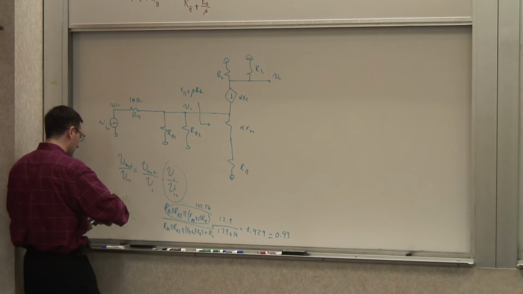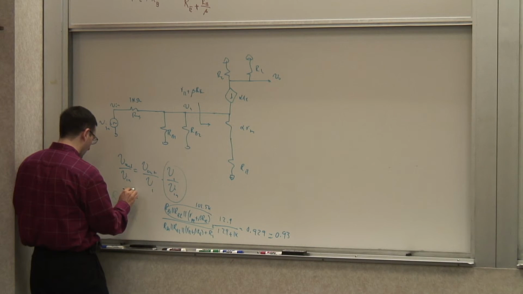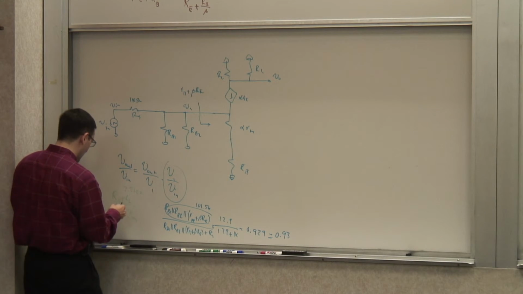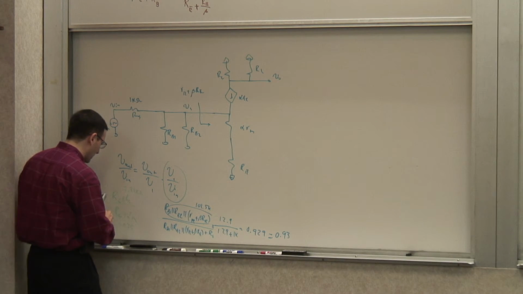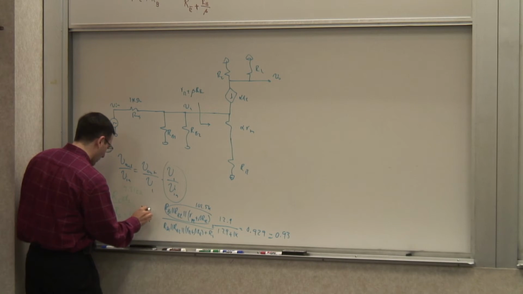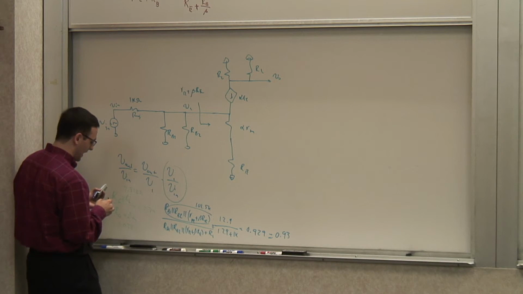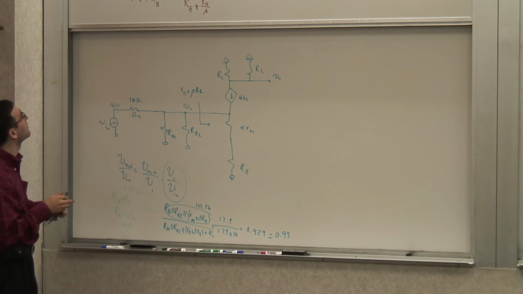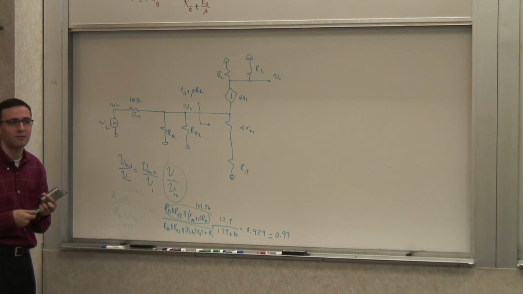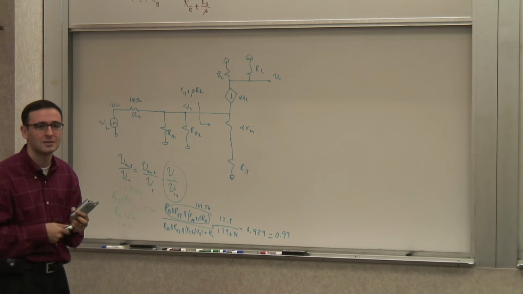That's 2.8. 1 kilo ohms, and that's 1 kilo plus 25 ohms is 1.025, so that's 2.7. So this gain is 2.74, and that's 0.93 times 0.93, that's 2.55, so 2.6.